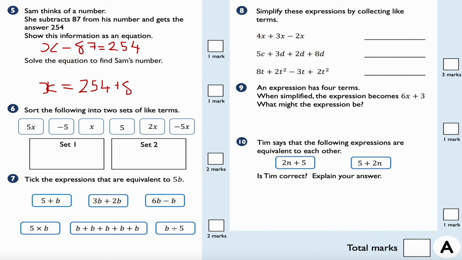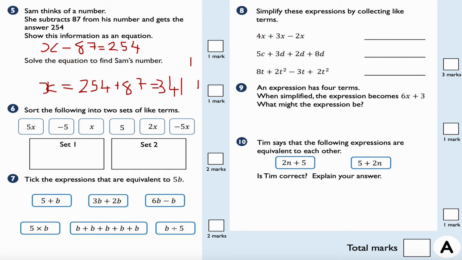Again I can do this as column addition, making sure that all my place values are under the same place. 4 add 7 is 11, so 1 carry the 1. 5 add 8 is 13, add the 1 is 14, so 4 carry the 1. 2 add nothing is 2, and then add the 1 there, becomes 3. So the answer that Sam is thinking of is 341.